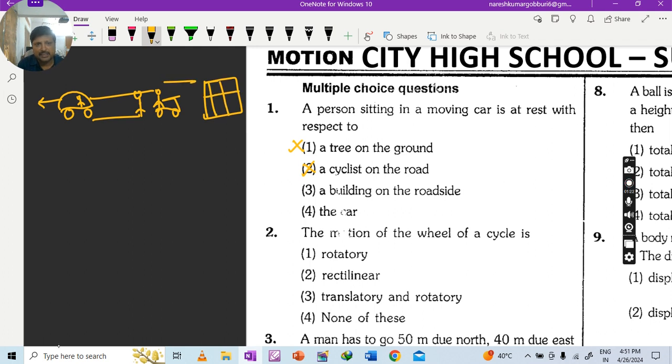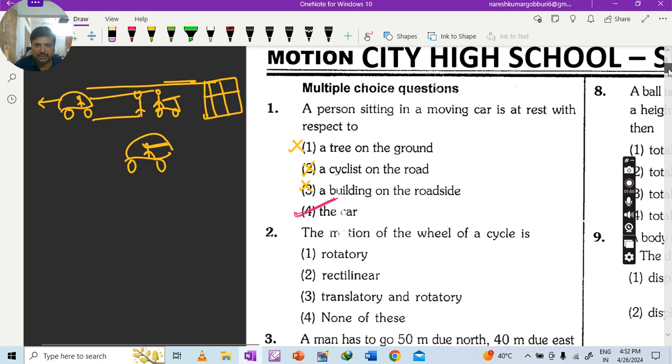With respect to the building, the position of the person sitting in a moving car is changing continuously. So that is also a wrong answer. Now observe the car: with respect to the car, the person's position is not changing. So a person sitting in a moving car is at rest with respect to the car. Option 4 is the right answer.